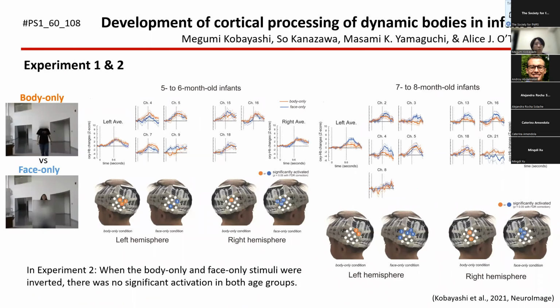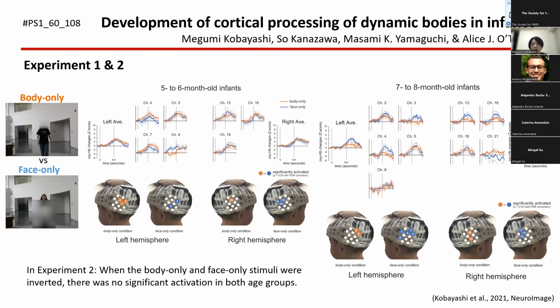Here is the result for experiment 1. The top line graphs represent the time courses of the hemoglobin concentration during the presentation of the face-only condition, which is the blue line, and the body-only condition, which is the orange line. The bottom images represent the channels that show significant increases of oxyhemoglobin concentration compared to the baseline.